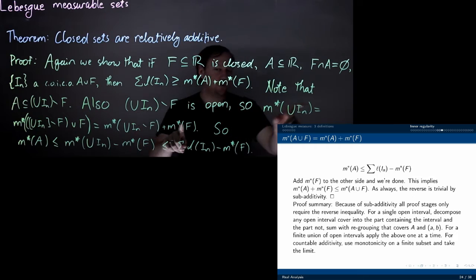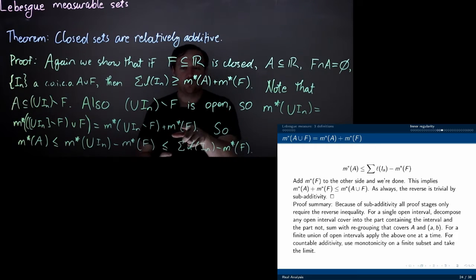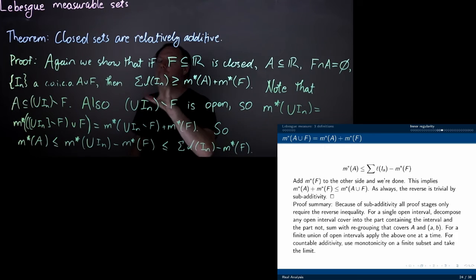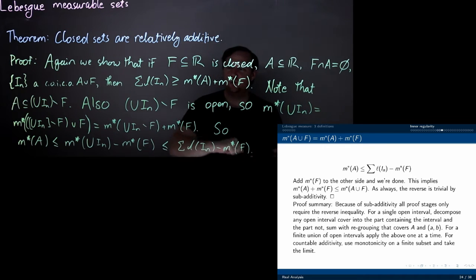And I'm now realizing that this argument works only if you know that m star of F is finite, but the proof for the case where m star of F is infinite will be just as easy as it was for the open set case. Basically, I already proved it. Nothing about that earlier proof depended on the set being open or not.